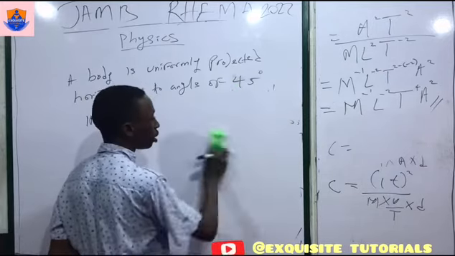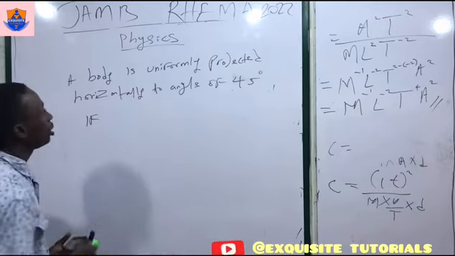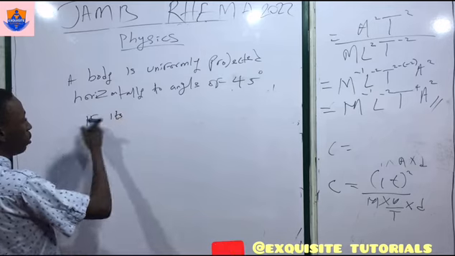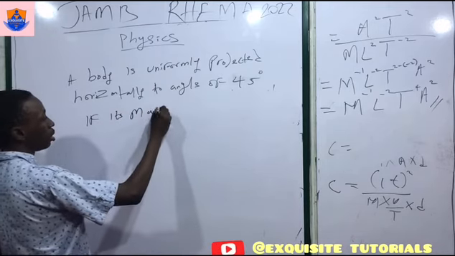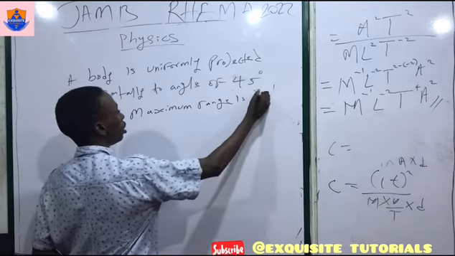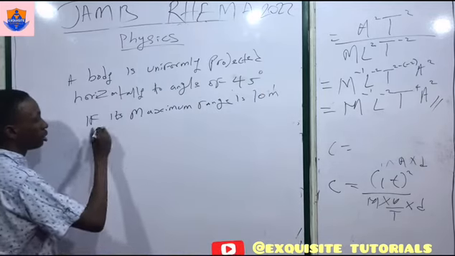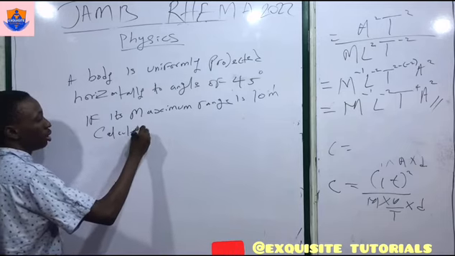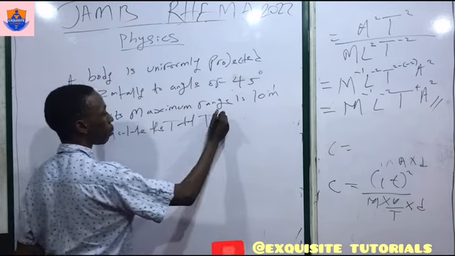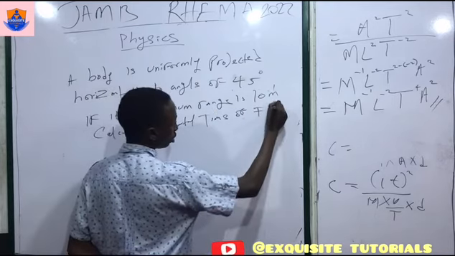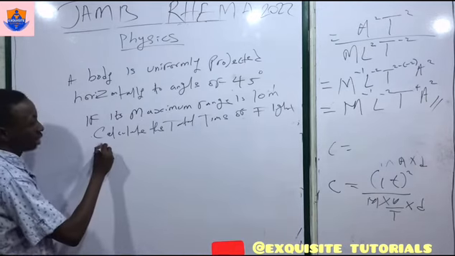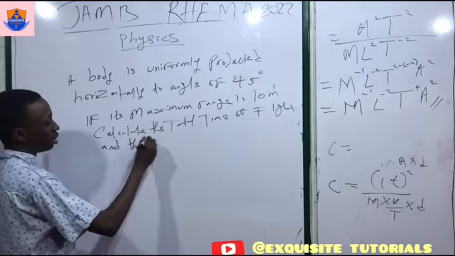Okay, then let's take a question. Let's say its maximum range is 10 meters. Calculate the total time of flight and the maximum height.